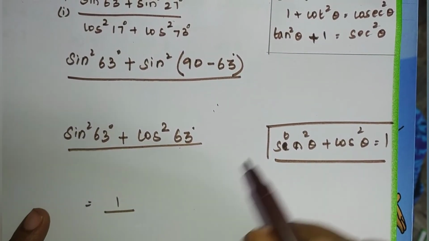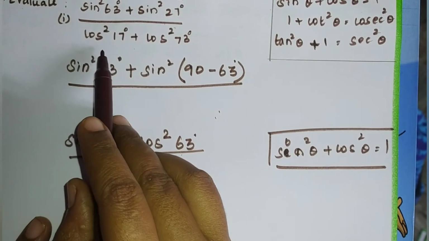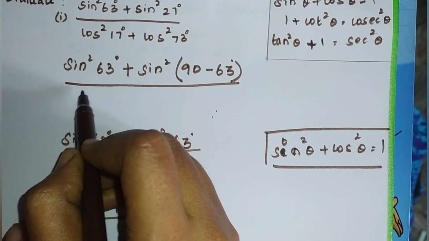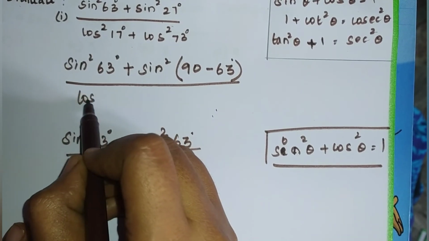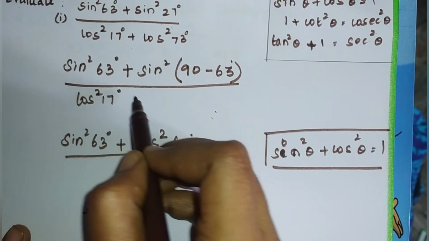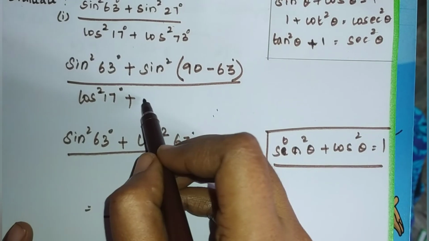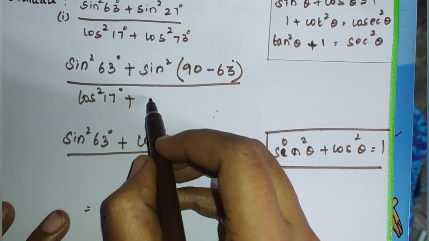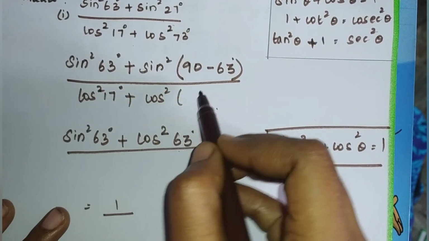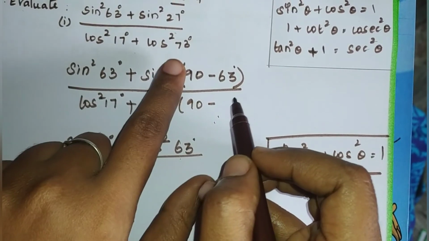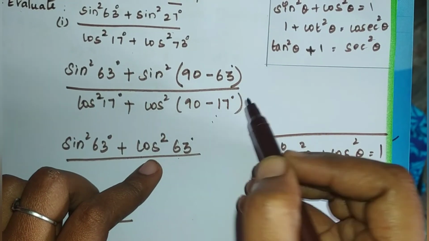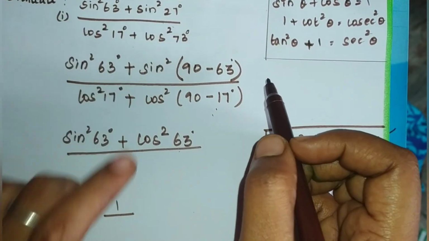Now simplify the denominator. Here also we have to keep one term as it is. I'm going to keep cos square 17 as it is, and change this one into sine. Before that you have to separate it: cos square of 90 minus what is 73? 90 minus 17 is 73.